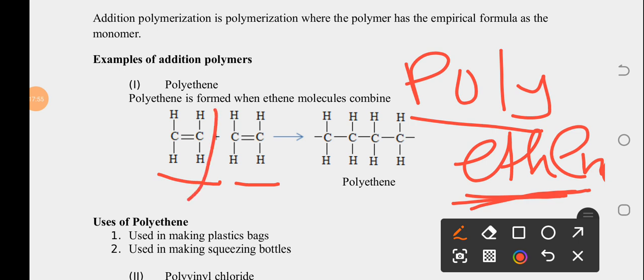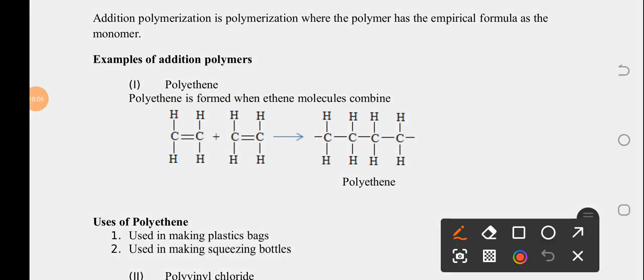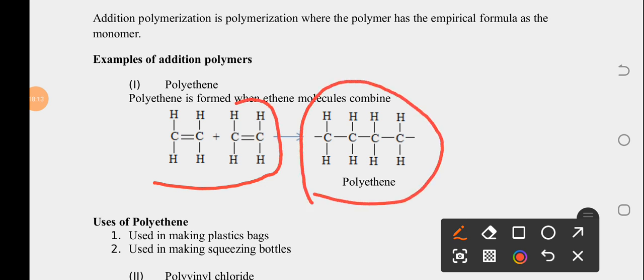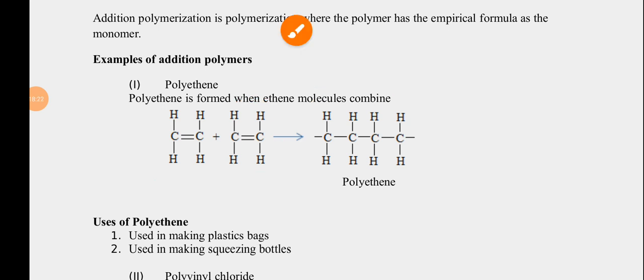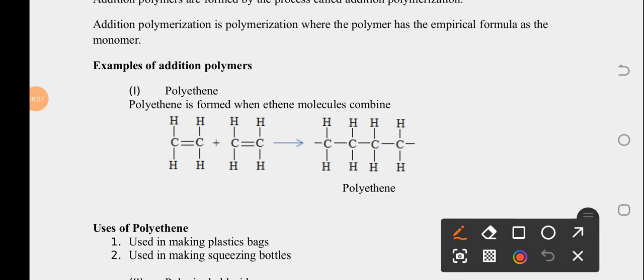As you can see, this one is just the same as this one. These are identical monomers. Then, after these are joined together, they form this polymer, which is called polyethene. Here we have ethene plus ethene, and we've got polyethene. So now, what do you need to know whenever you are writing a polymer which is formed from these unsaturated hydrocarbons, which are alkenes?